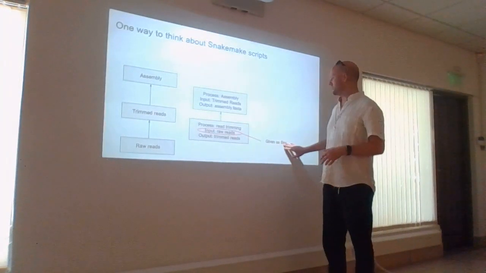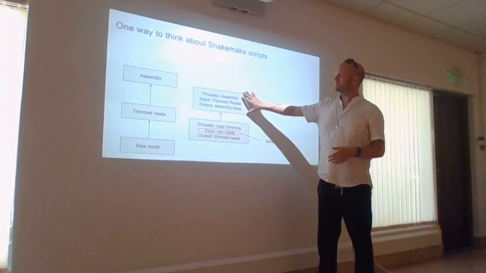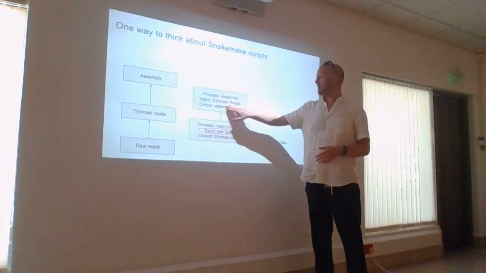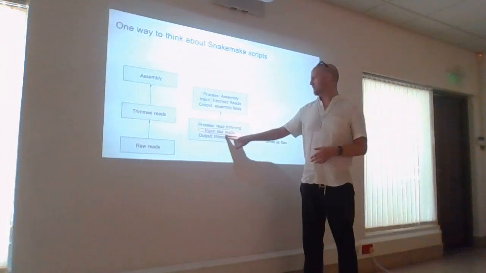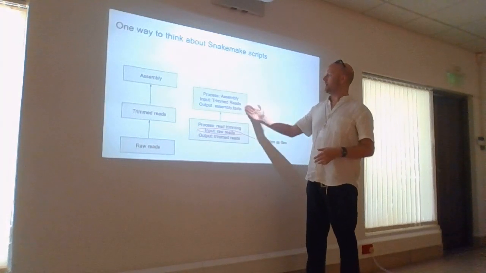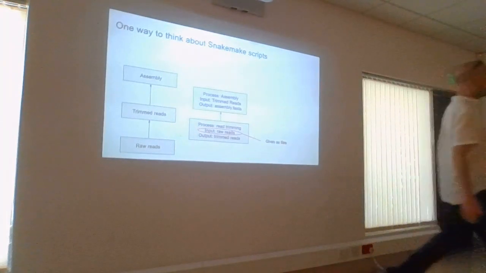These come in as files, and then they come onto the second process, assembly. The input is trimmed reads, which you'll note is the output of the first one, and the output there is the assembly, which is the final thing that we want.